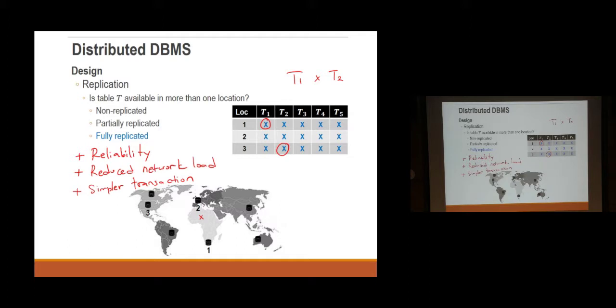when you want to perform the join, the database has to communicate between these two. Okay, so either 3 sends the data over to 1, and then 1 computes the T1 cross T2.